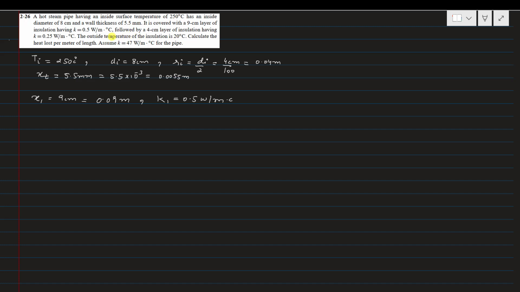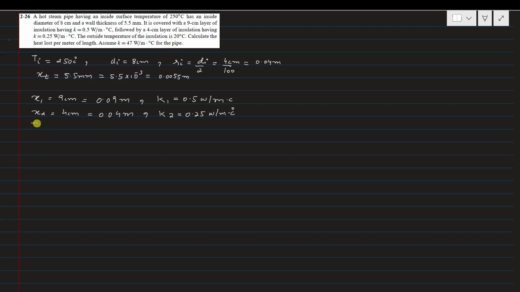Then the first insulation is followed by a second insulation, and its thickness is x2, and that is 4 centimeters. Divide by 100 to convert into meters, 0.04 meter. And the thermal conductivity of the second insulation is k2, that is 0.25 W/m·°C. The outside temperature of the insulation is 20 °C.